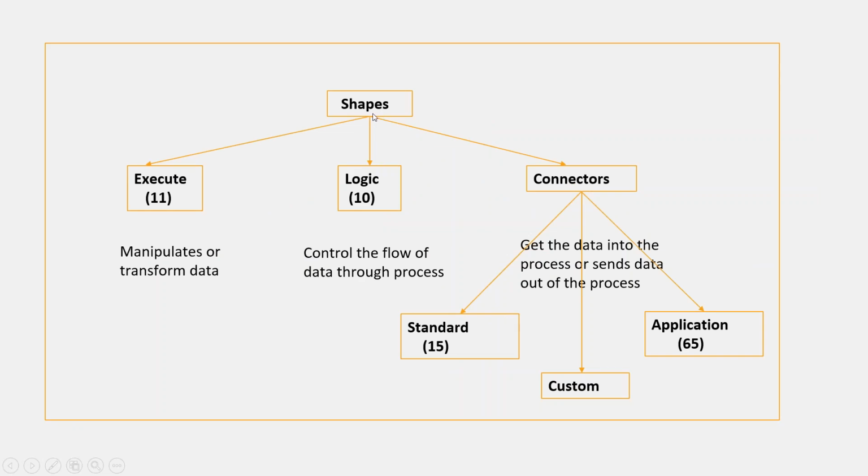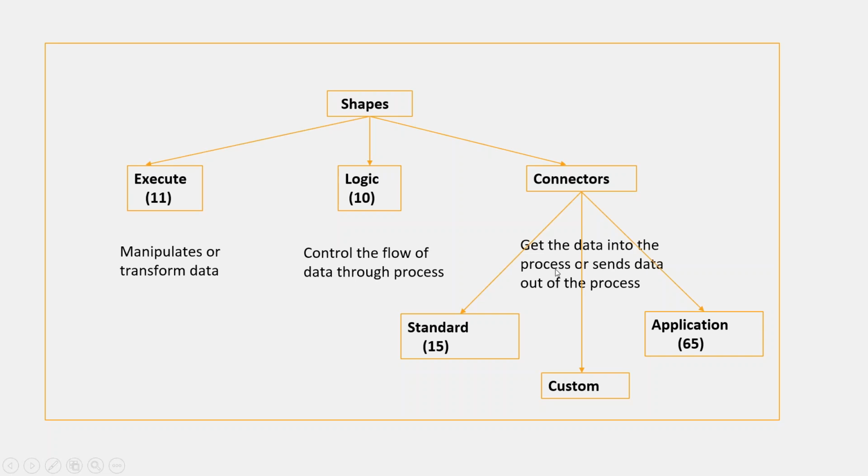As we discussed, shapes include execute shapes, logic shapes, and connectors. Execute shapes manipulate or transform the data, and there are 11 of them. Logic shapes control the flow of data throughout the process, and there are 10 of them. Connectors are standard connectors, application connectors, and custom connectors.